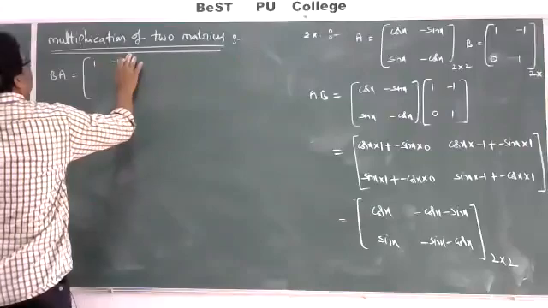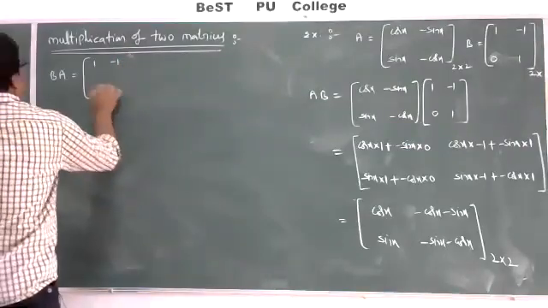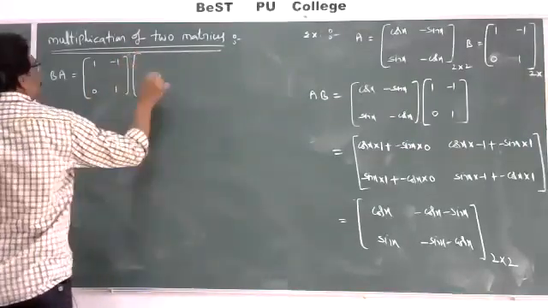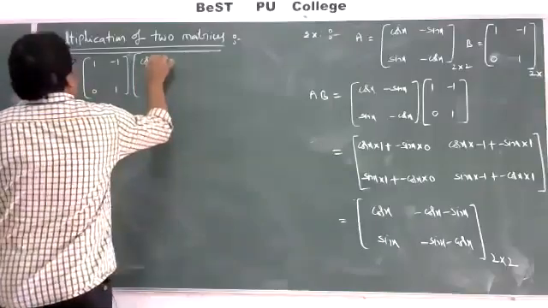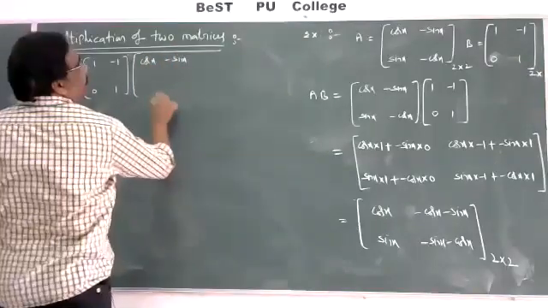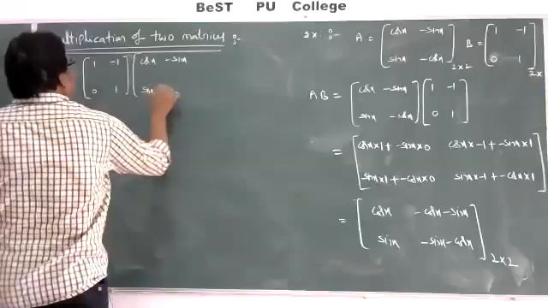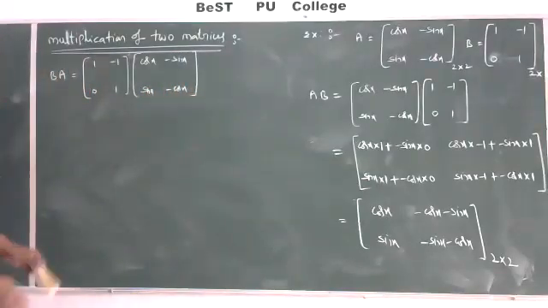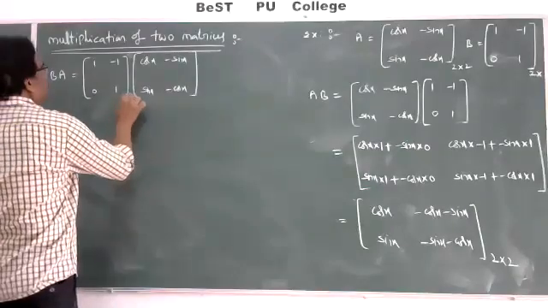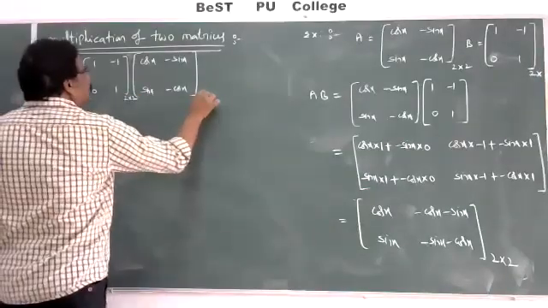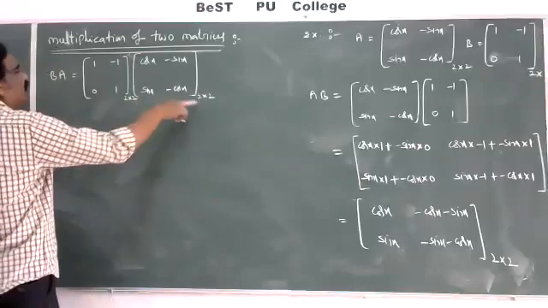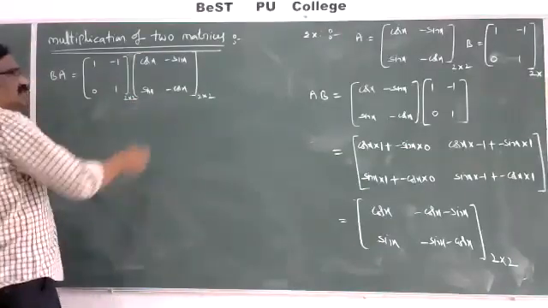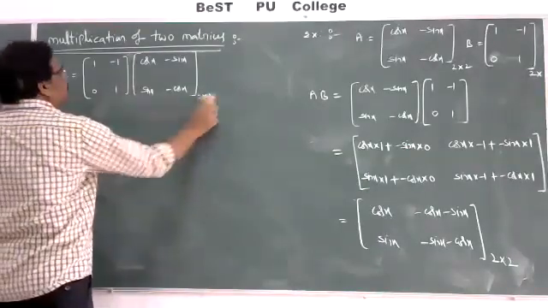So B is what? 1, minus 1. First you write B, 0 and 1, into A, cos x, minus sin x, sin x, minus cos x. Here this is a 2 by 2 matrix. This is also a 2 by 2 matrix. Number of columns is equal to number of rows. That's why BA also exists.